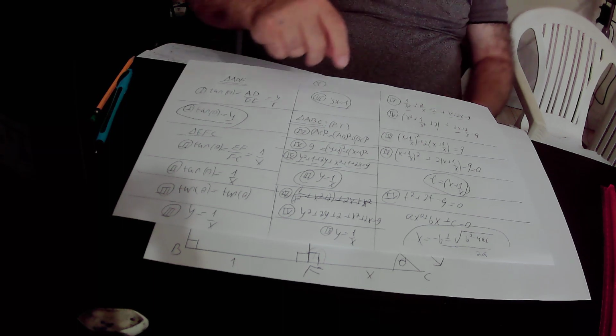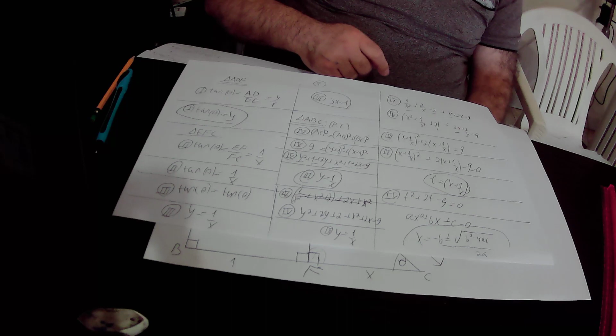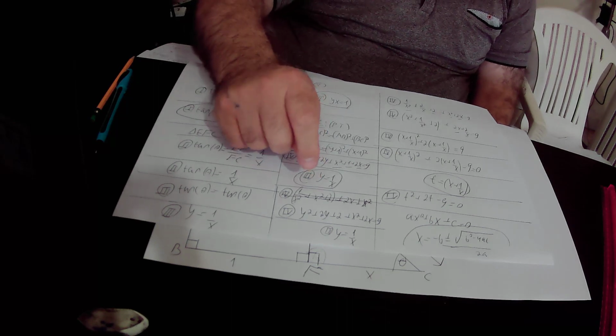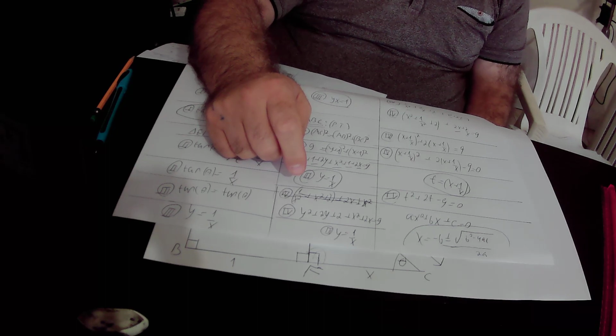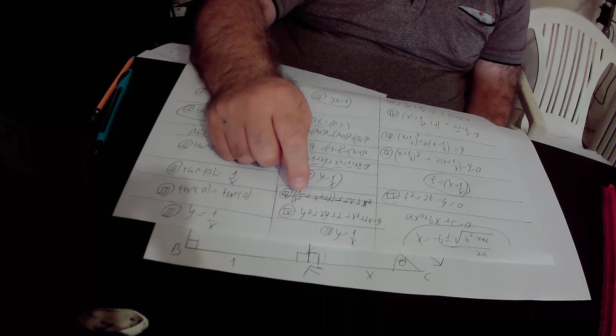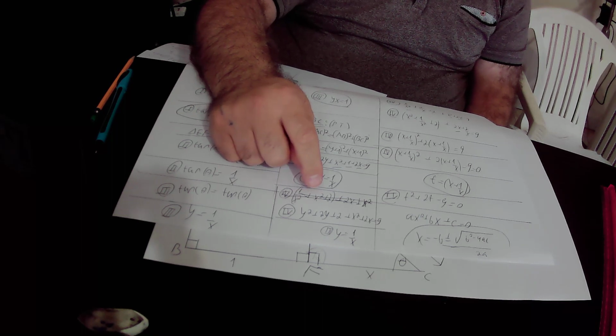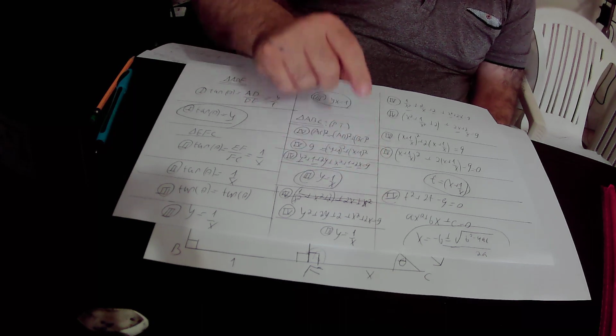And according to equation number 3, we know that y equals 1 over x. So we arranged equation number 4 in this way: y squared plus 2y plus 2 plus x squared plus 2x equals 9.